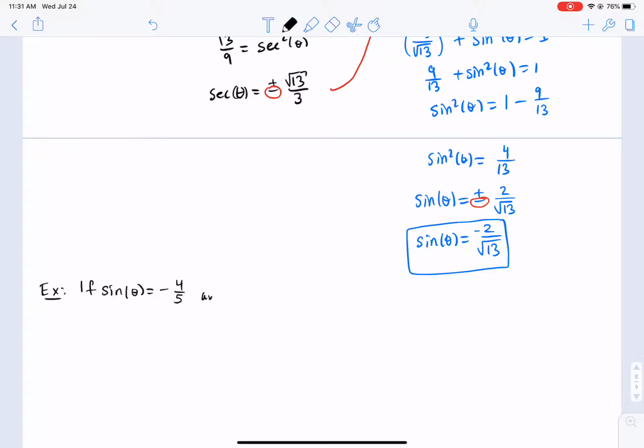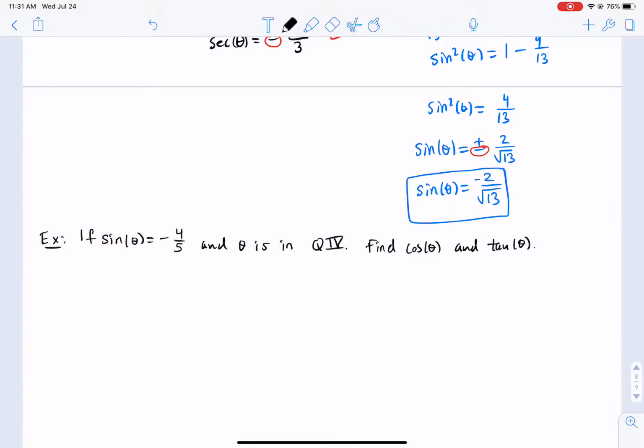And theta is in quadrant 4, I will ask you to find cosine theta and tangent theta, like this. Find cosine theta and tangent theta.